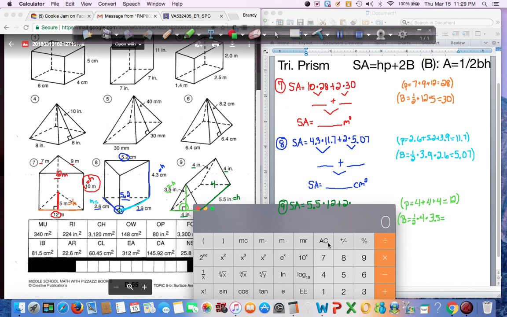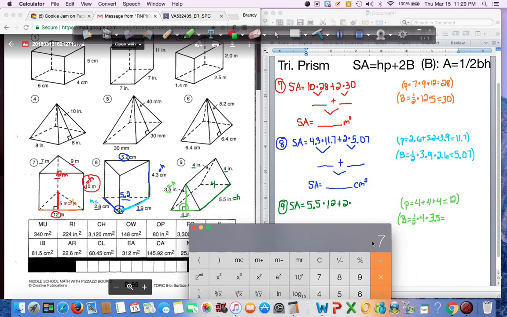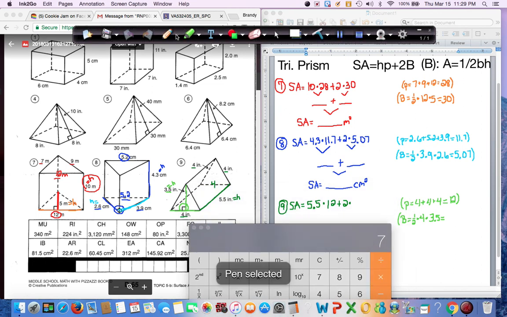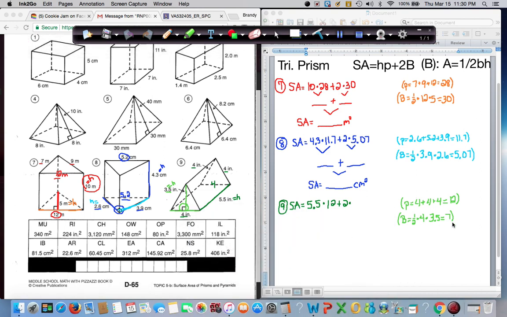I'm going to try it one more time because that was just a little too neat. 1 divided by 2 times 4 times 3.5 equals 7. Mom must have done it right. Awesome sauce. So we come over here and we get our 7. And that is the area of the triangle. The area of the triangle is 7.